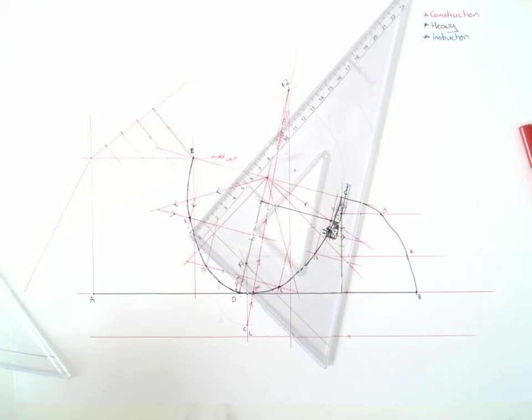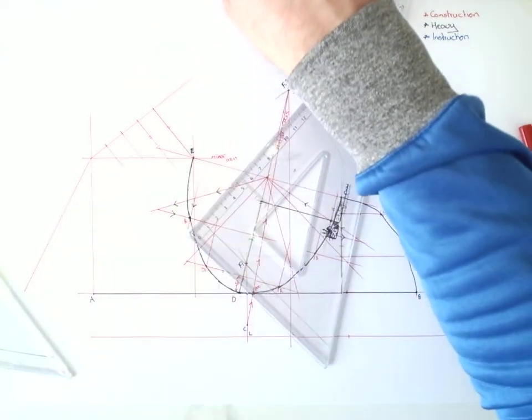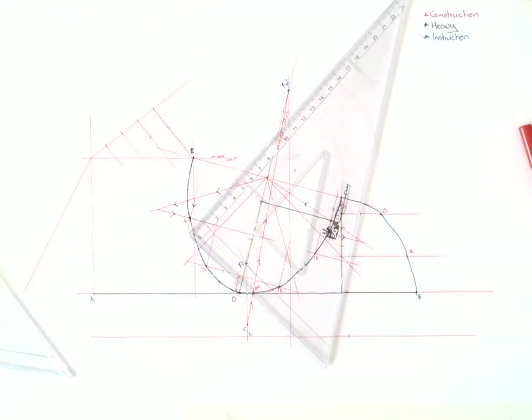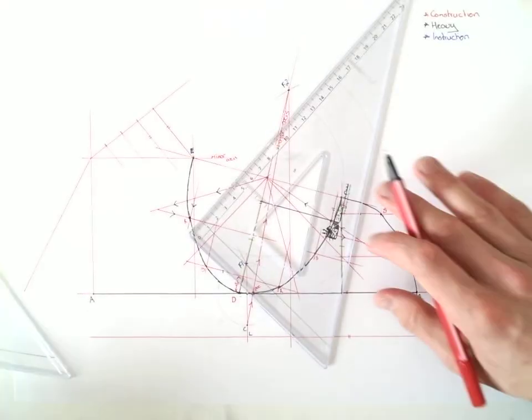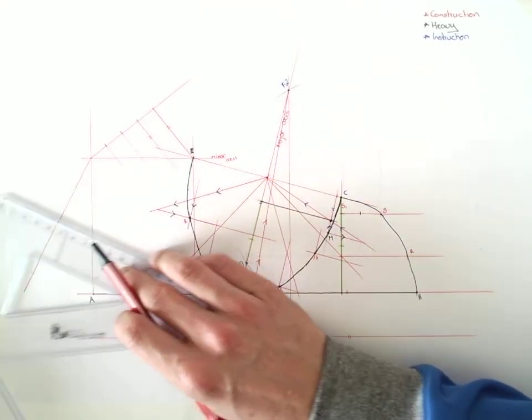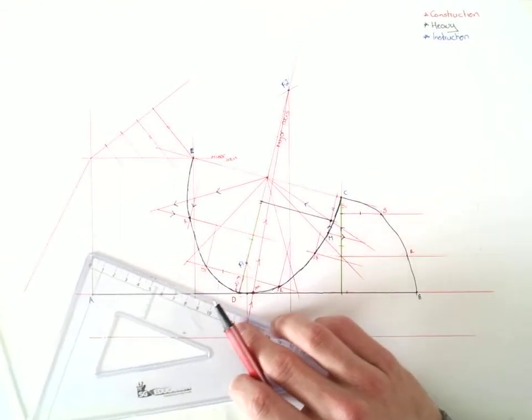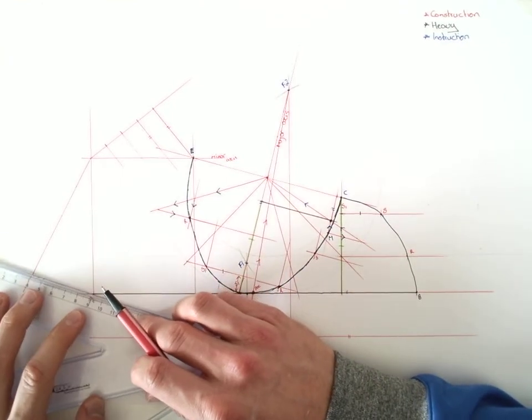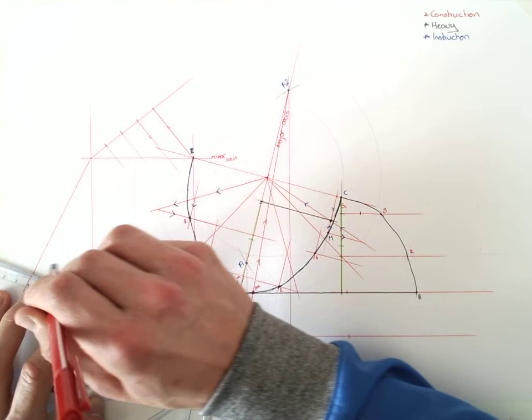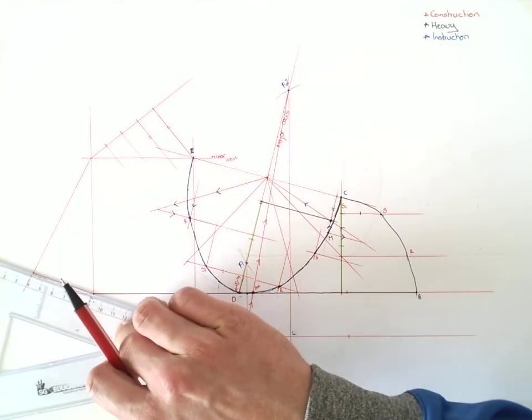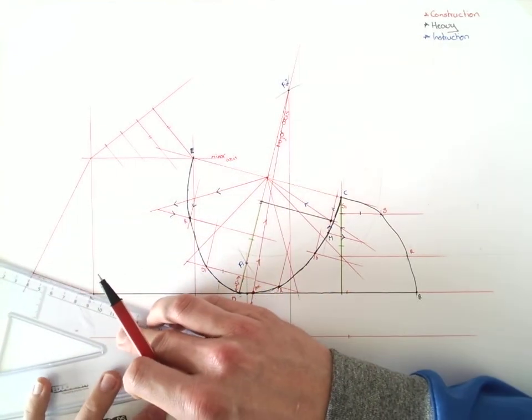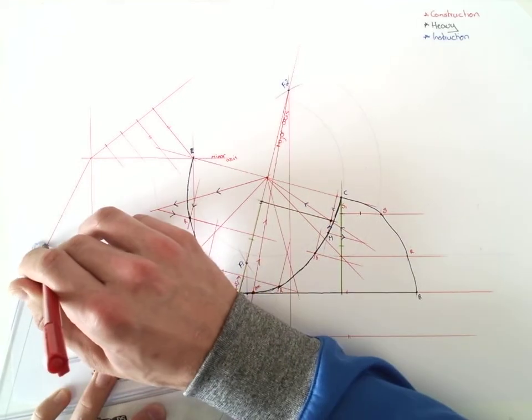Same thing here from the last point you've made. From that last point, you need to join that to the end of the line, which would be A in this case, and then you use sliding set squares to find the rest of them.